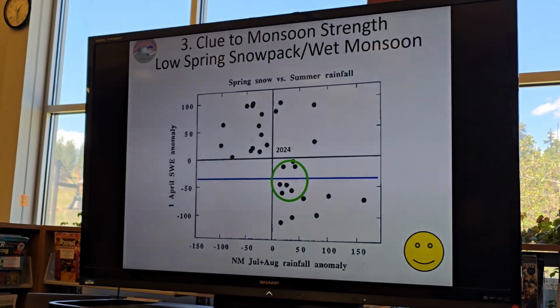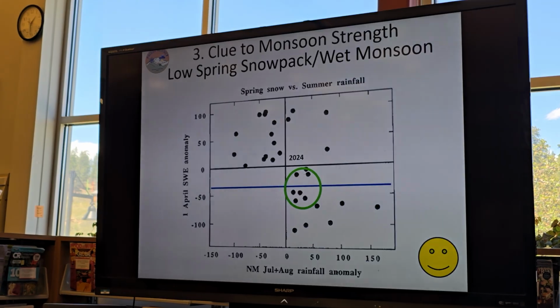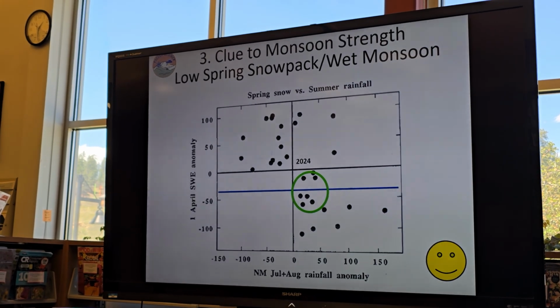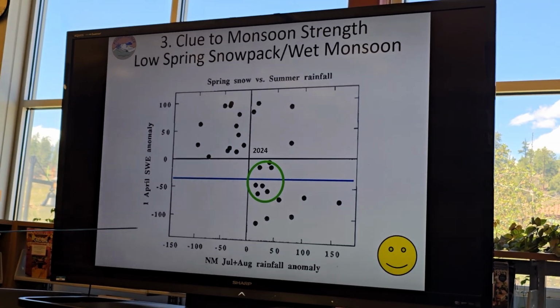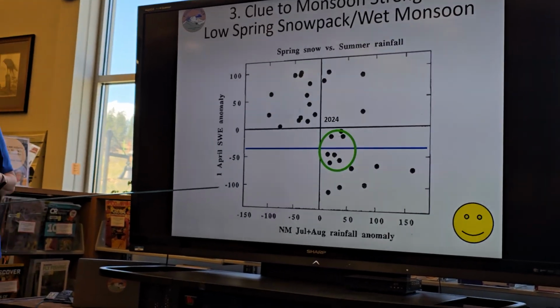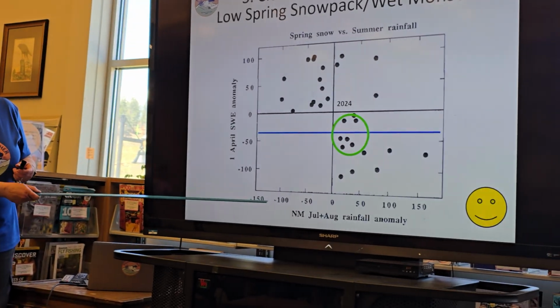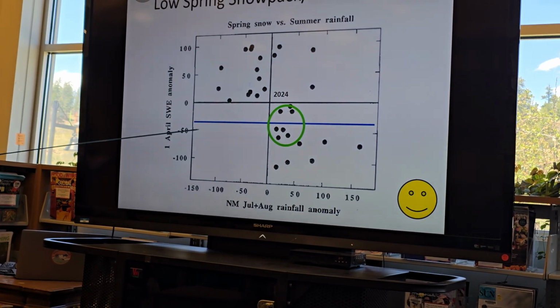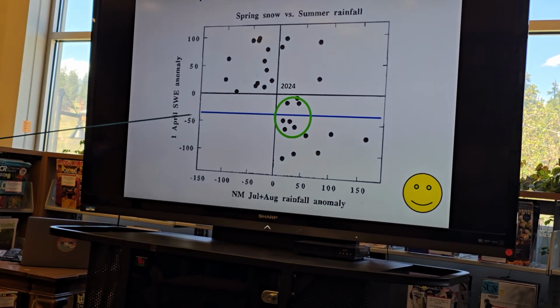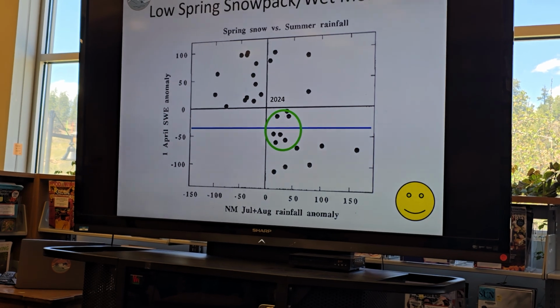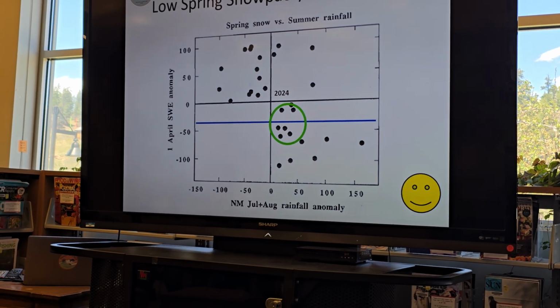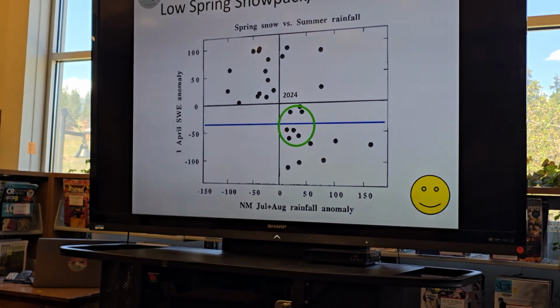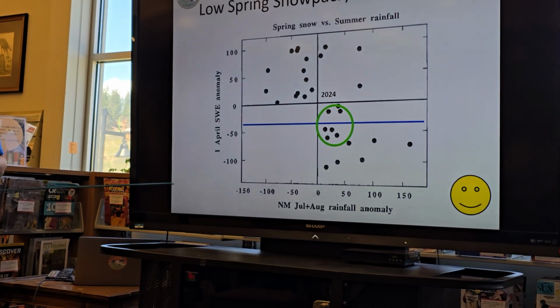So both National Weather Service in Arizona and National Weather Service in New Mexico have done studies, and this is the data from those studies, saying that if you have a low snowpack, and they look specifically at the snowpack data from April, and we were at about 65% on the 1st of April for our snowpack, much lower in May.